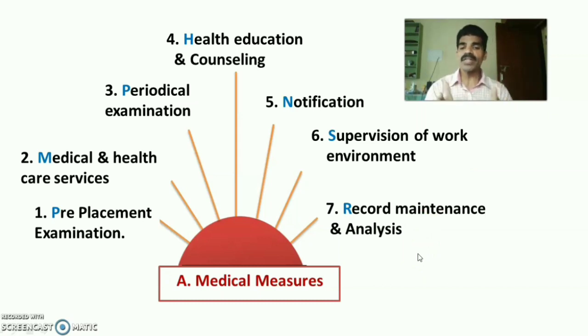So there are 7 measures under medical measures for the prevention of occupational diseases. They are pre-placement examination, medical and healthcare services, periodical examination, health education and counseling, notification, supervision of work environment of the factory or industry, record maintenance and analysis of the data. So let us discuss one by one.